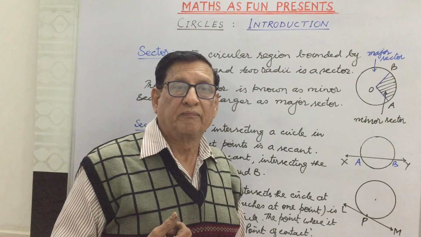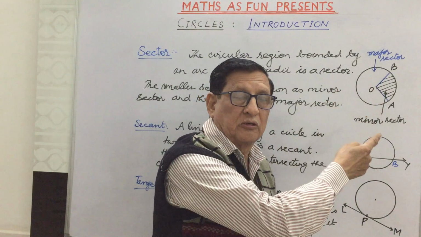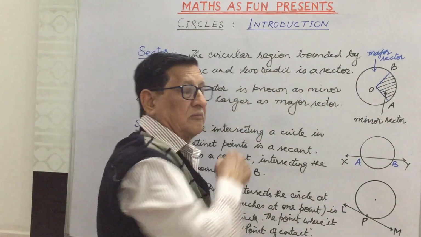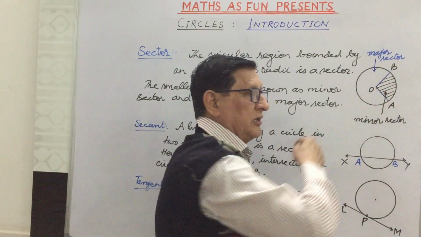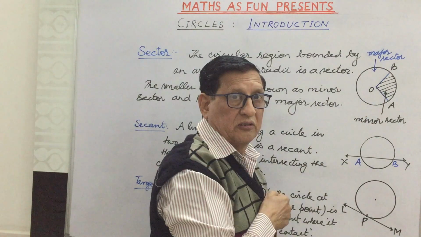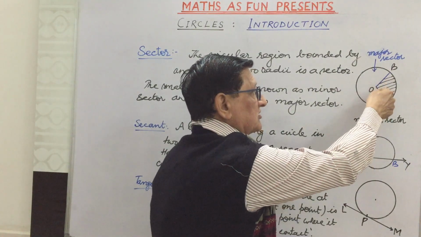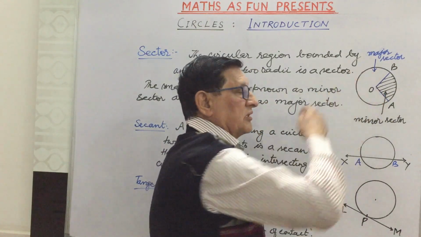What is a sector? A sector actually is the region of the circle, or we can say circular region, bounded between an arc and 2 radii. So if we draw any 2 radii like OA and OB here, then this particular region which is shaded is one of the sectors and the unshaded is the other sector.